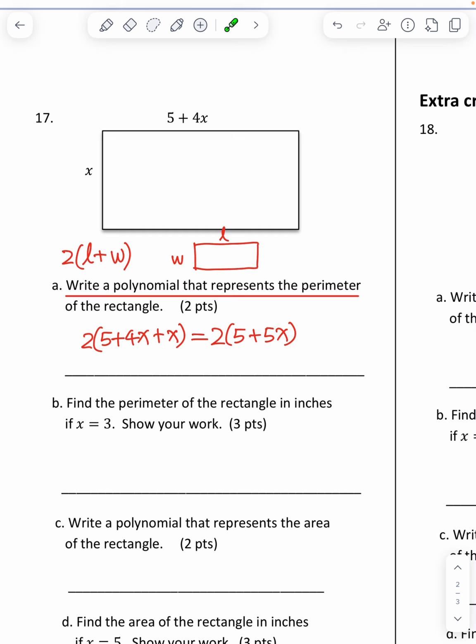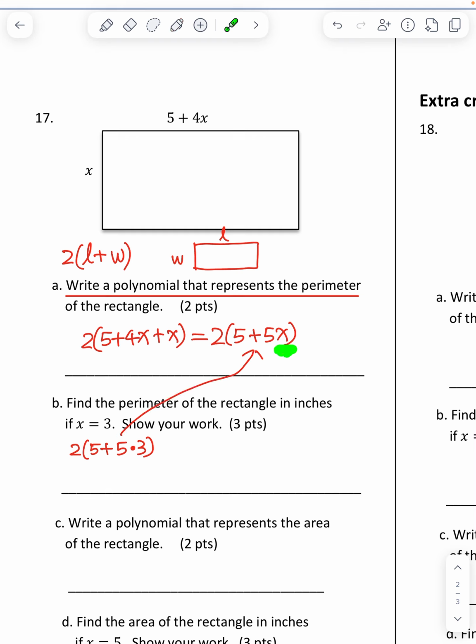B, find the perimeter of the rectangle in inches if x equals 3. So I'm going to replace x by 3. I'm copying the formula here, I only replace x by 3, right?